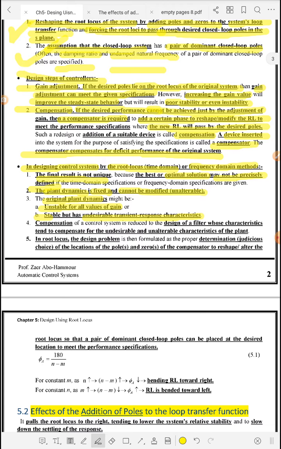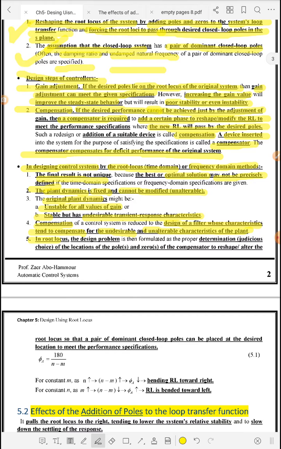And in this case, we should proceed in the design steps of the controller as we mentioned previously, according to the gain adjustment in the first scenario, and then if we fail in the gain adjustment, then we should go to the compensation. And compensation can be viewed as a design of a filter or a transfer function whose characteristics tend to compensate for the undesirable or unalterable characteristics of the plant.